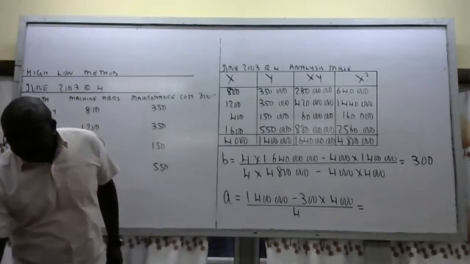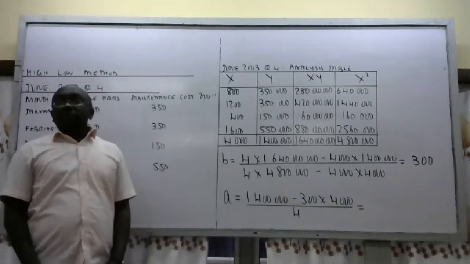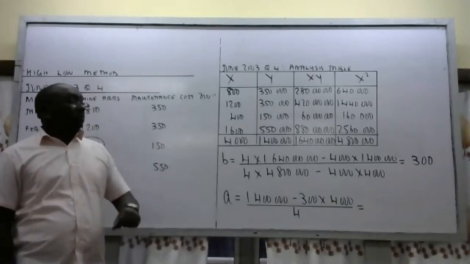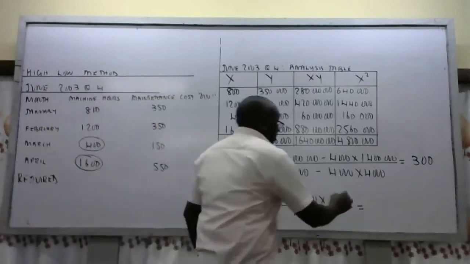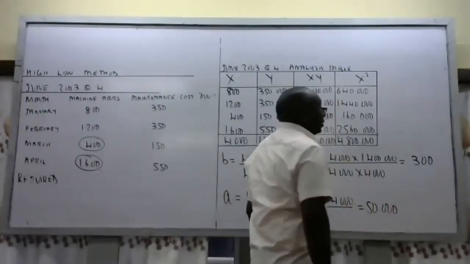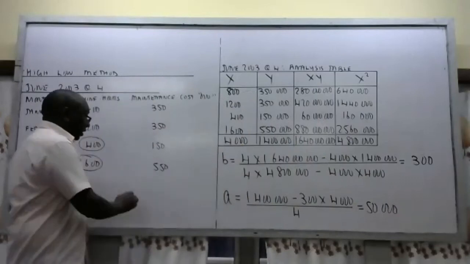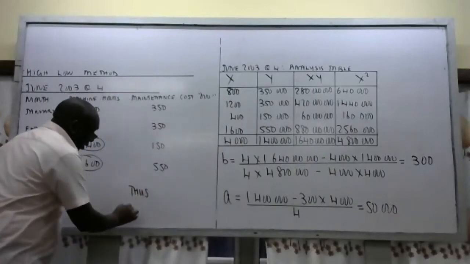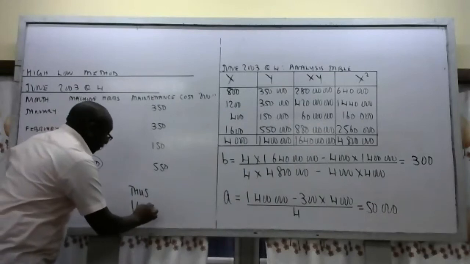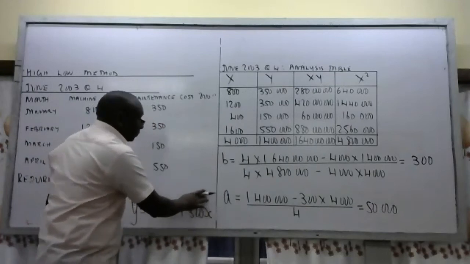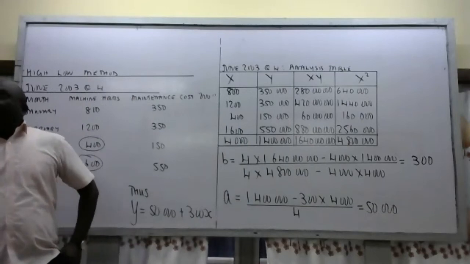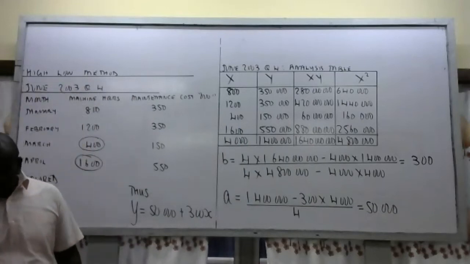Tell me what you're getting. $50,000. Thus, Y is equal to 50,000 plus 300X.